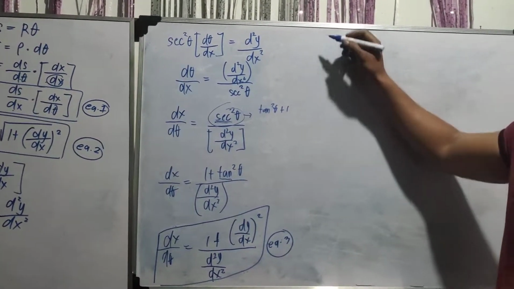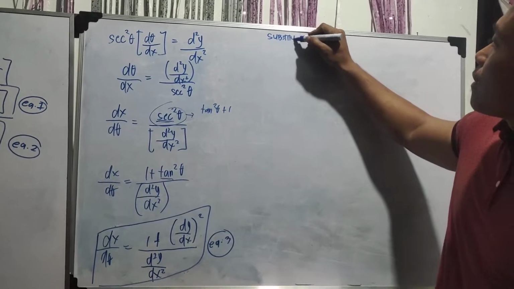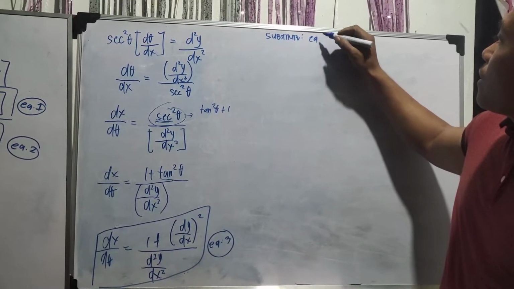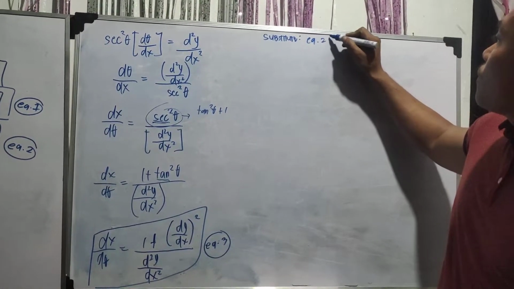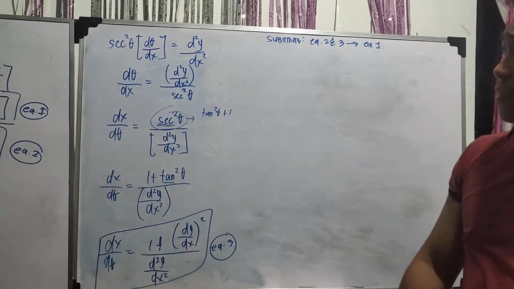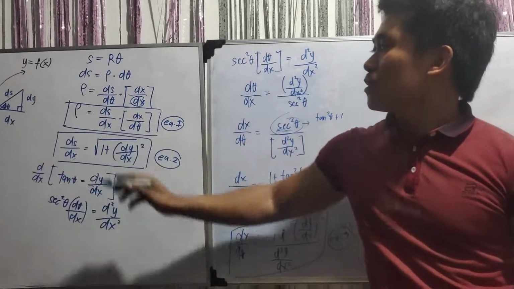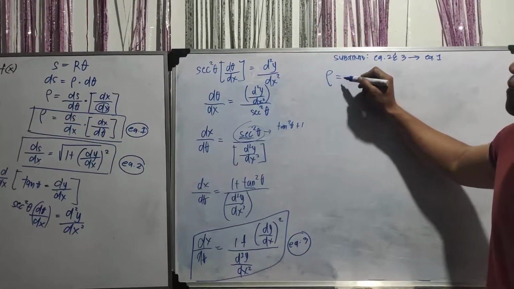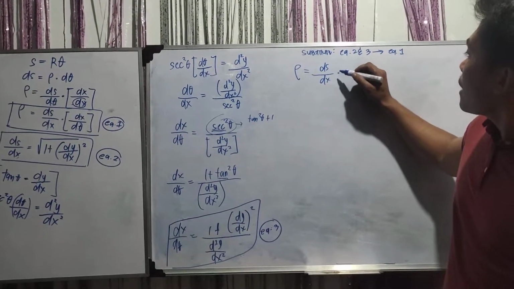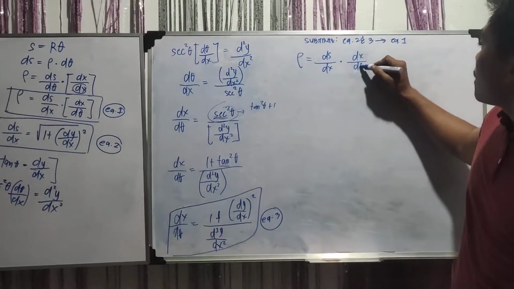Okay? Now, finally, substitute equation 2 and 3 to equation number 1. Substitute this equation 3 and equation 2 into that equation 1. This gives us ds over dx times dx over d theta.